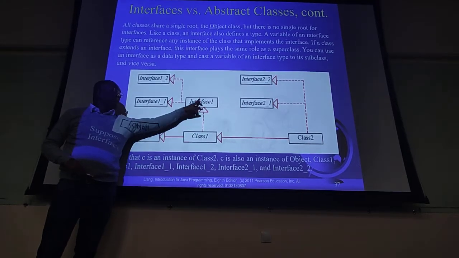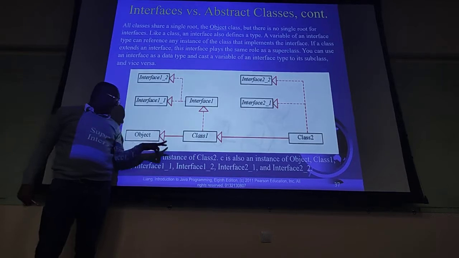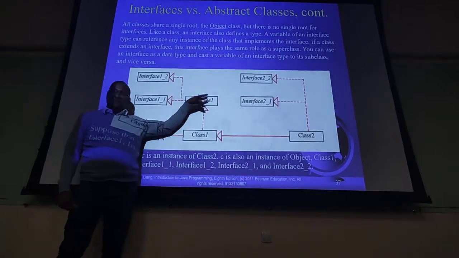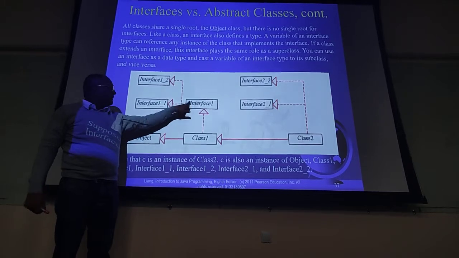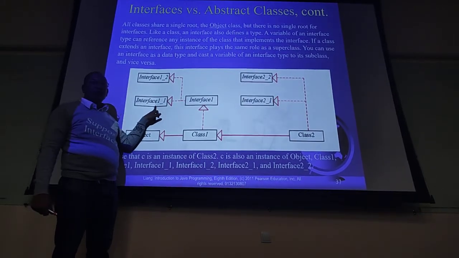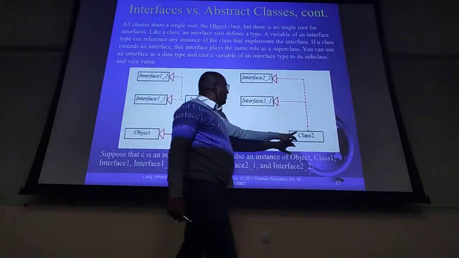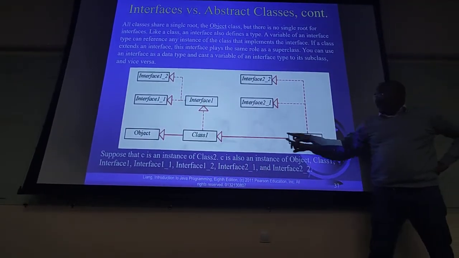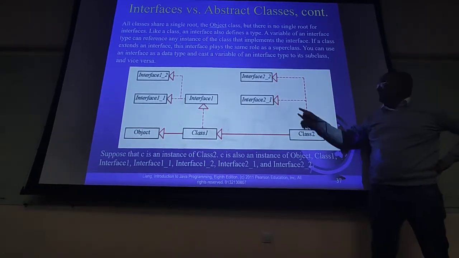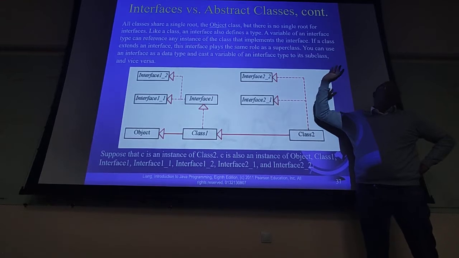So how will you write this class? Class 1 extends Object implements interface 1. Here, interface 1 extends interface 1 underscore 1 comma interface 1 underscore 2. Here, class 2 extends class 1 implements interface 2 underscore 1 comma interface 2 underscore 2.